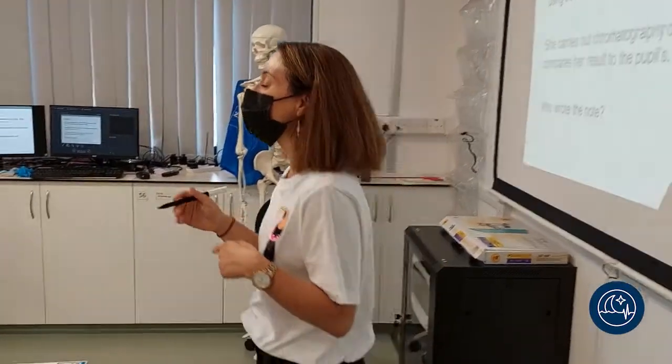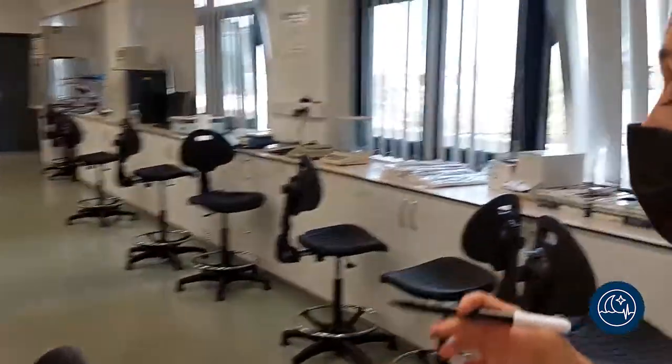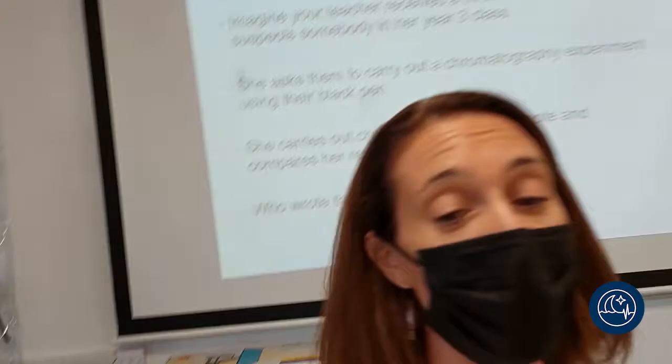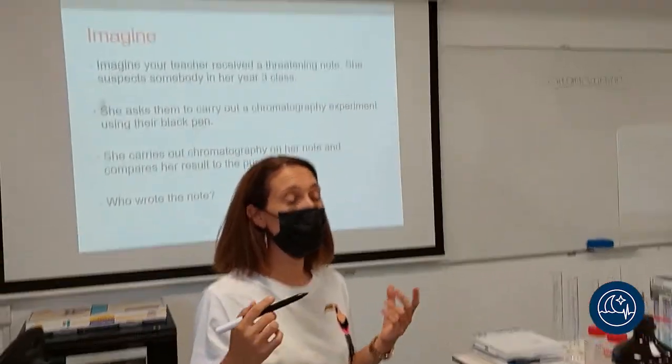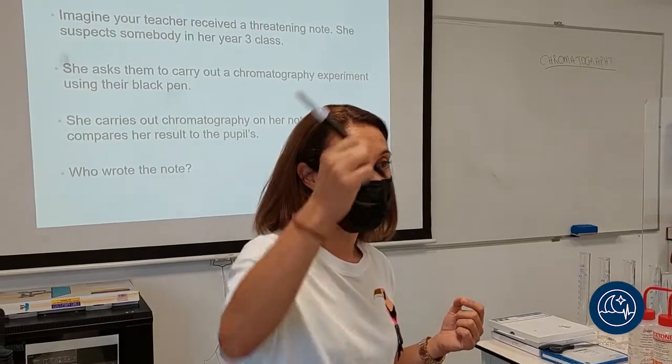Right, guys, now you're going to carry out the experiment. So imagine I received a threatening letter and I suspect one of you guys. So I'm asking you to carry out an experiment using your pen.